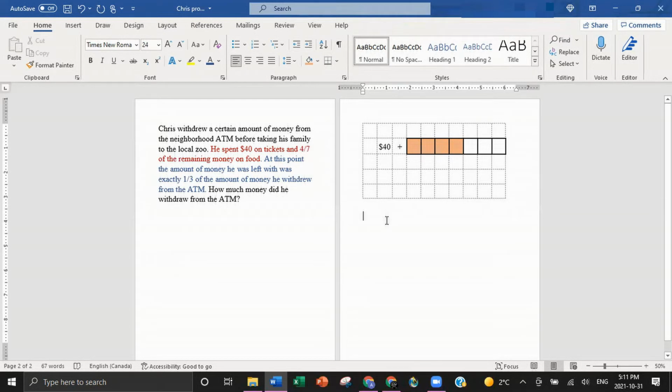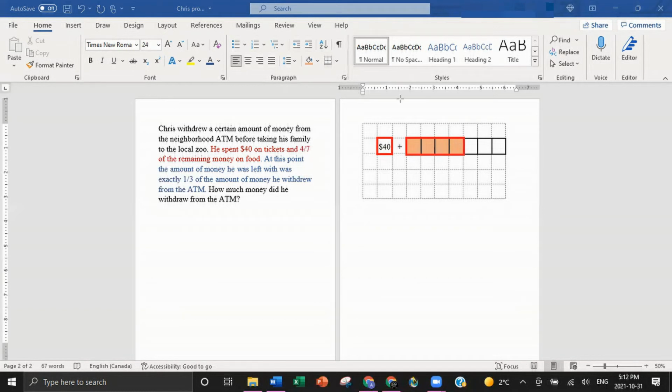Now we'll move on to the blue part of the question. It says, at this point, the amount of money he was left with was exactly 1/3 of the amount of money he withdrew from the ATM. Okay, so we know he spent $40. He's also spent 4/7 of the remaining money.